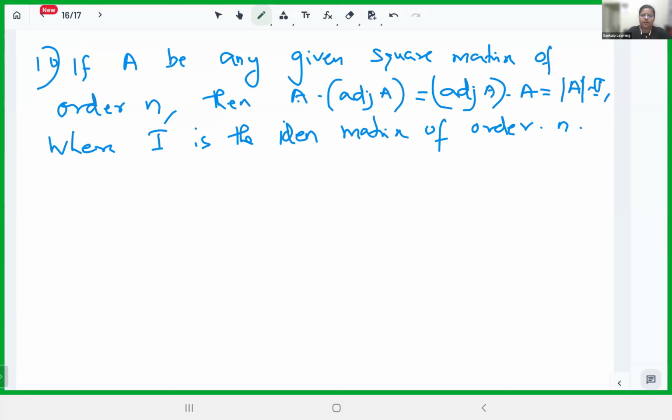You have to prove this property: A into adj A is equal to adj A into A equal to determinant A into I.